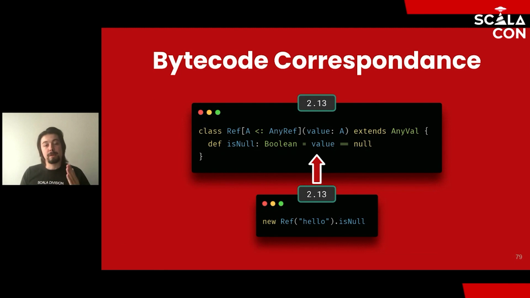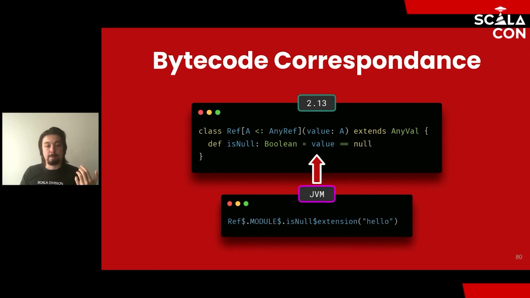So when we depend on that library and call the method isNull on a new Ref of hello, essentially when we compile that dependency, we believe that this code is the correct code stored in that library so that we can call it. We have to make sure that the dependency actually provides us with those methods in the bytecode.